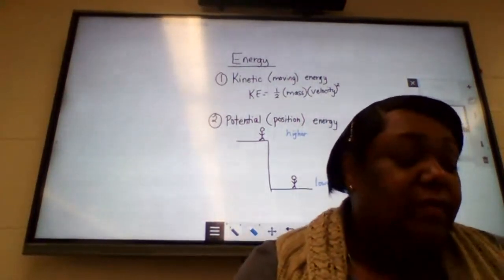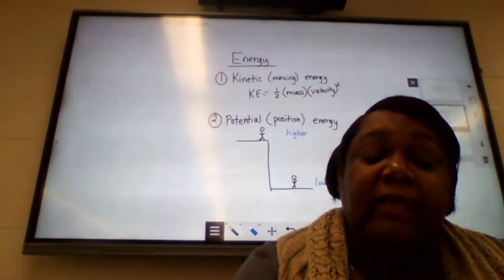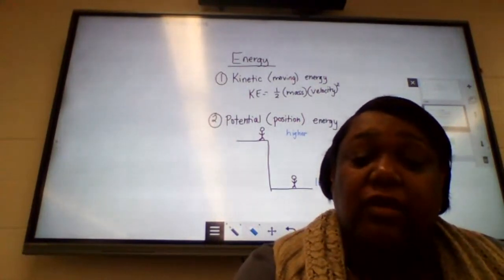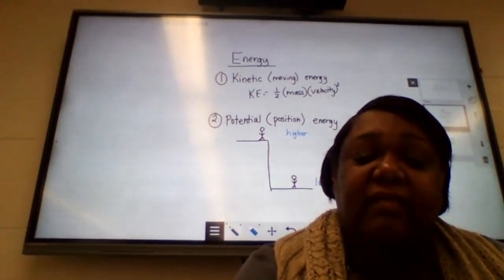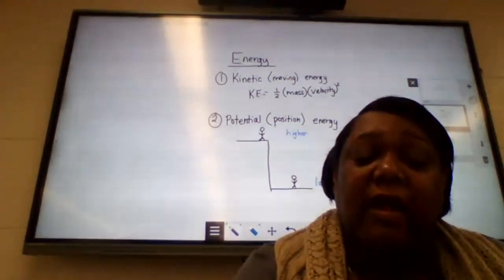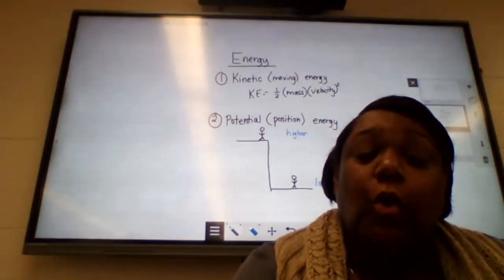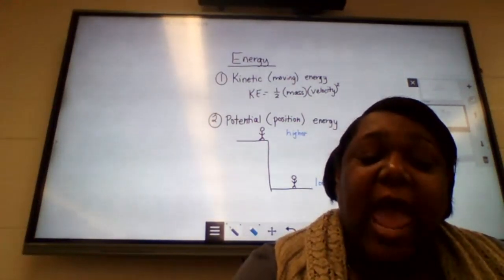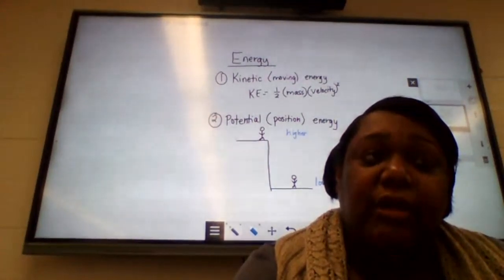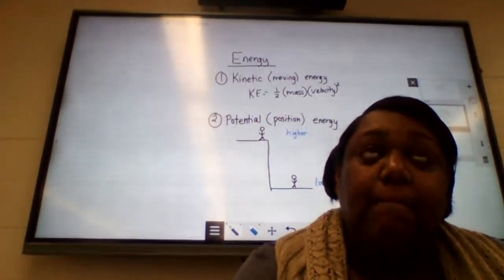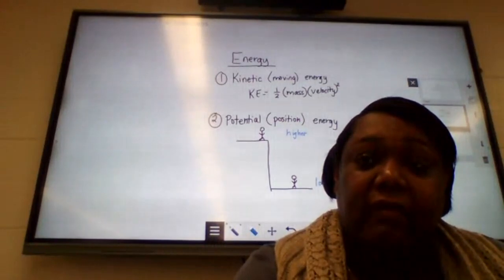Now, your book does give you the formula to find kinetic energy. That formula is given as kinetic energy equals half the mass times the velocity squared. So when you're looking at kinetic energy, how fast the material is going is more important than the mass.